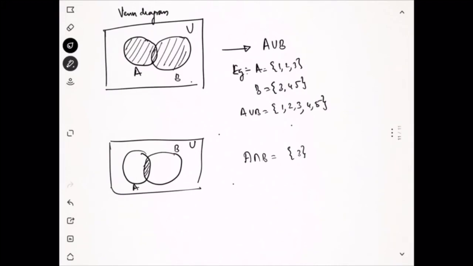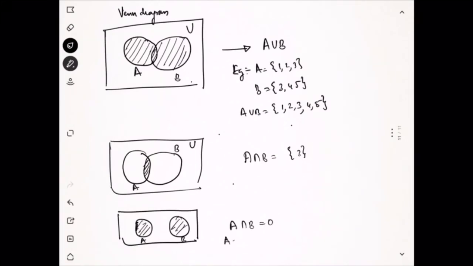And in some cases we do not have an intersection. Let us assume we have two sets, set A and set B. In this case, A intersection B equal to the null set.